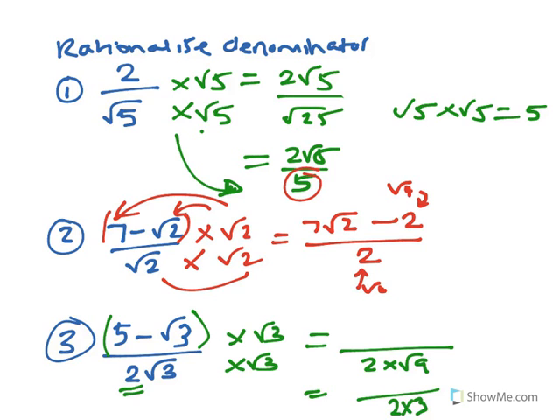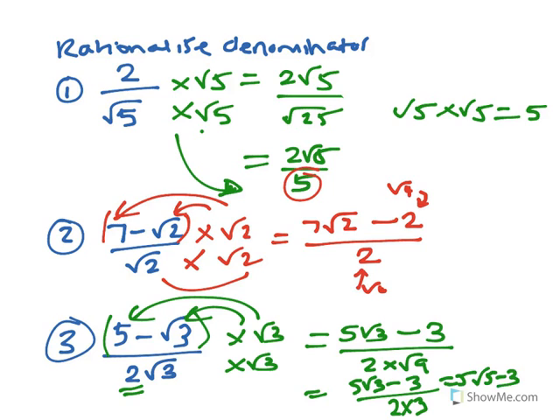So it's 2 times 3. And on the top, 5 times root 3 is 5 root 3. Root 3 times root 3 is root 9, which is 3. So we have 5 root 3 minus 3 on 6.